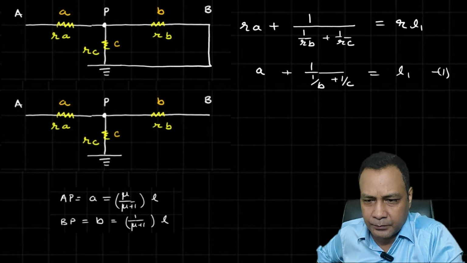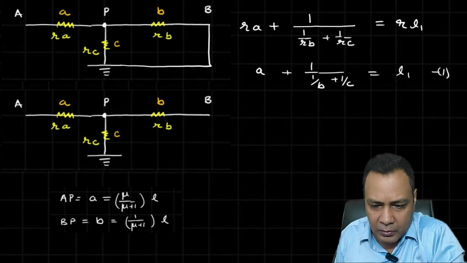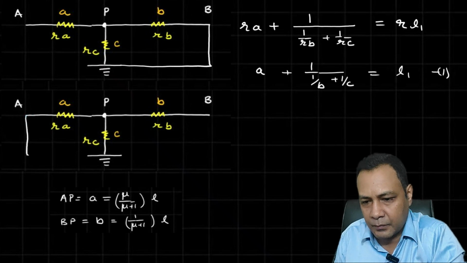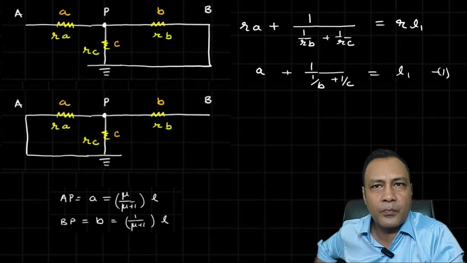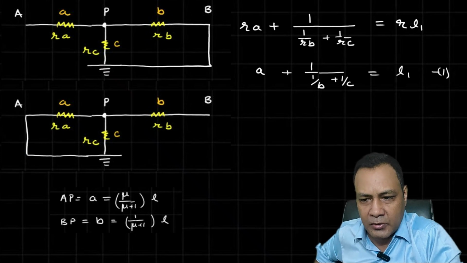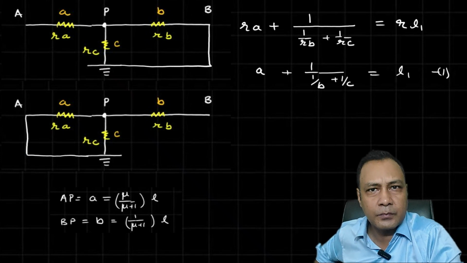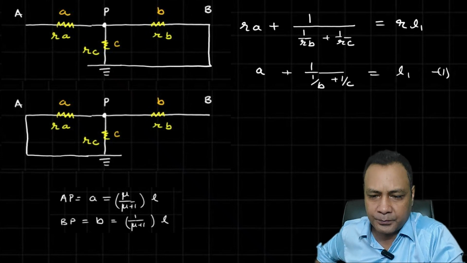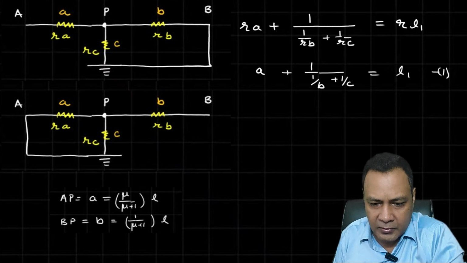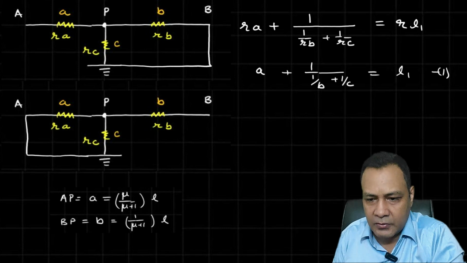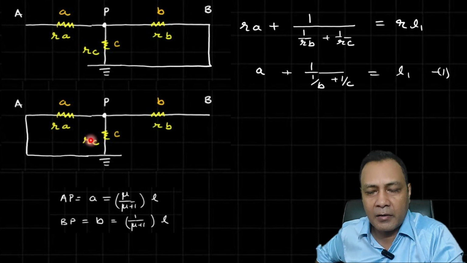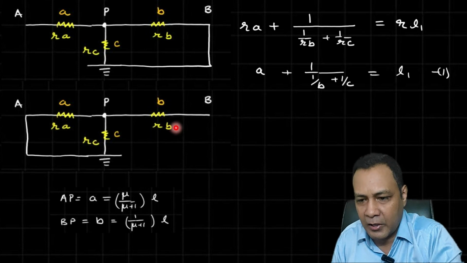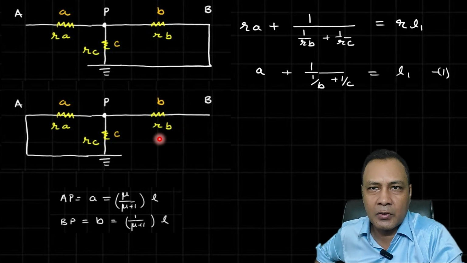Similarly, in case 2, A is grounded, and the equivalent resistance between B and ground is equal to that of the length L2 of the same wire. So here you can see that RA and RC are in parallel, which in turn is in series with RB, and the whole combination is equal to the resistance of the length L2, that is RL2.